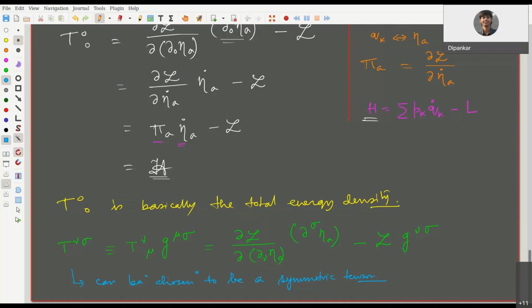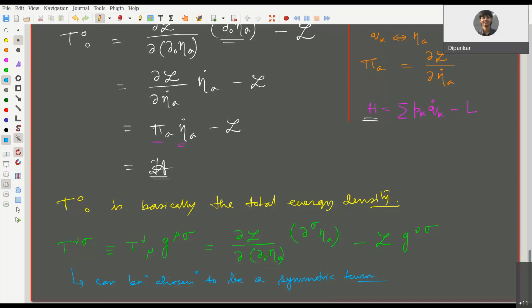All right. So these are some of the comments regarding the stress energy tensor, and for different Lagrangian densities, it's a good exercise to calculate the components of T mu nu. T i0, T0i, it's an interesting exercise.